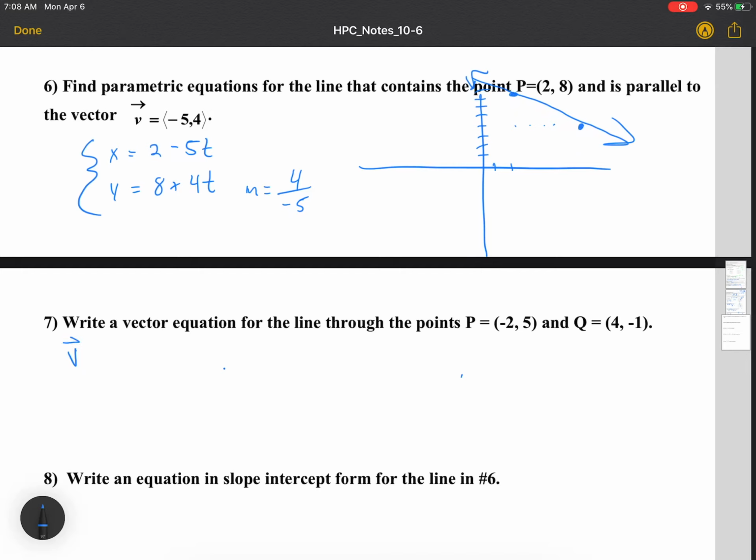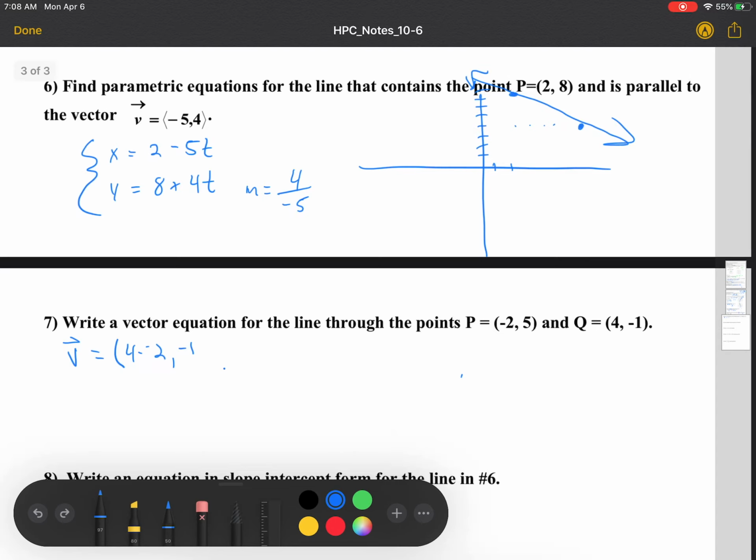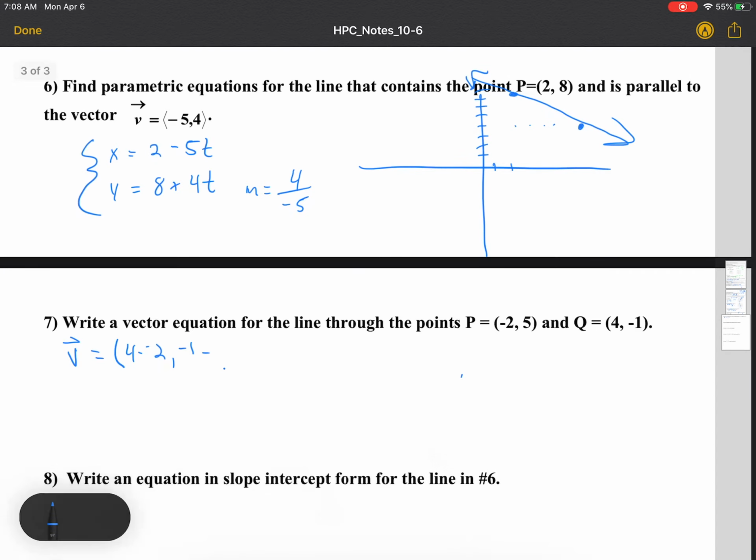So v is going to equal, in standard form too, 4 minus -2, and -1 minus 5. That's going to equal 6, negative 6.